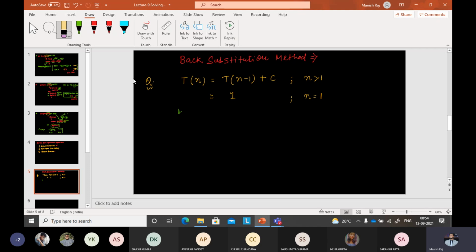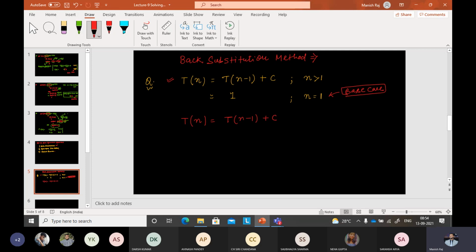Okay, so now you can see here. First we will write like this. First we will go for this relation, and this is your base case. Please understand, this is your base case. We will use this base case while solving the question and in between the solving. So we can write T(n) is equal to T(n minus 1) plus c.